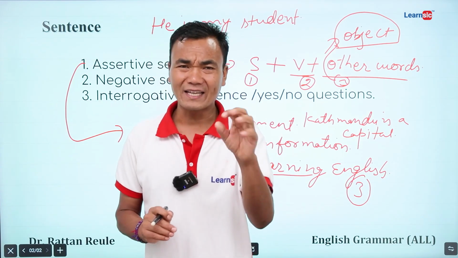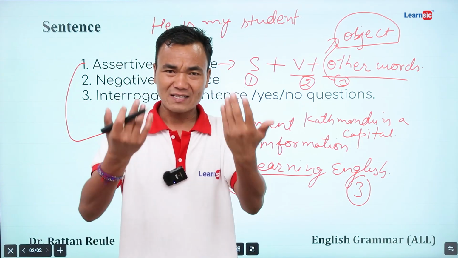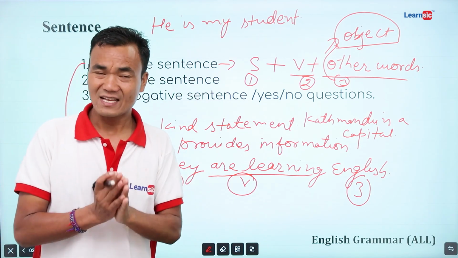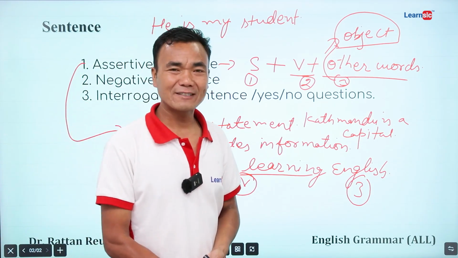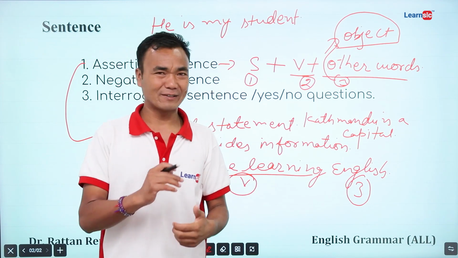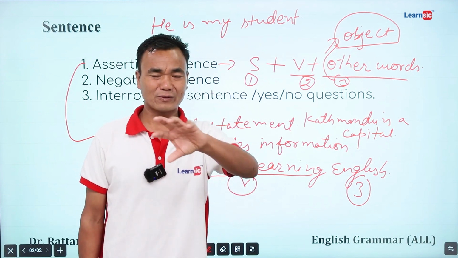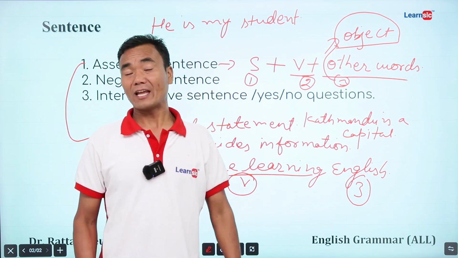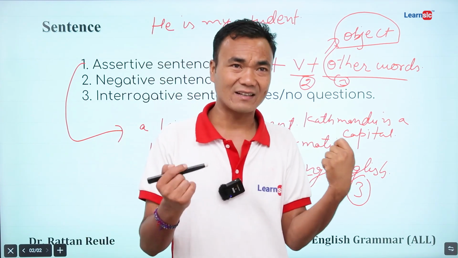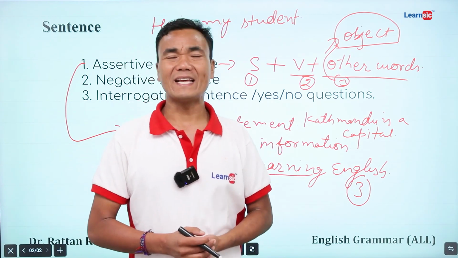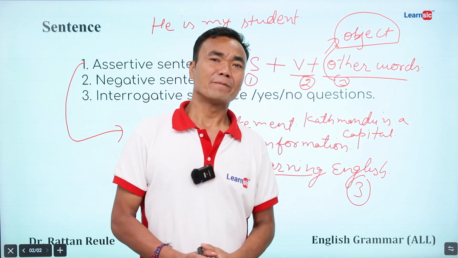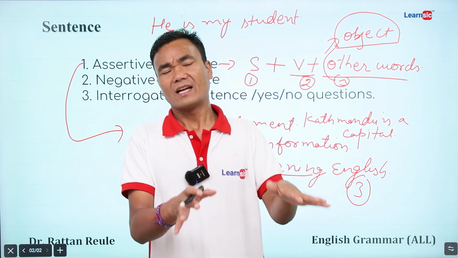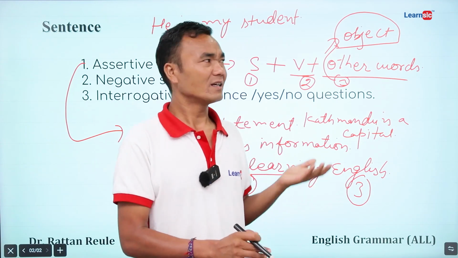To pass information, we use the assertive sentence. I'm sure that after learning through my video, you are able to understand, write, and answer the question: what is an assertive sentence? Basically, an assertive sentence is an informative sentence. It gives us information. That's it.